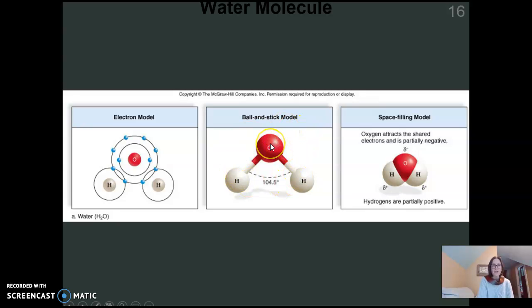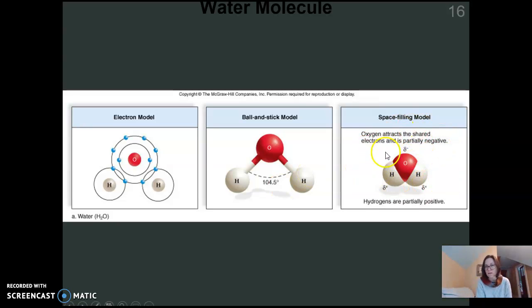This is a ball and stick model that we sometimes see in chemistry. Oxygen, hydrogen, the bond is just represented by this little stick. And because hydrogens kind of repel each other to some extent, we always have a certain angle to the bonds of hydrogen.